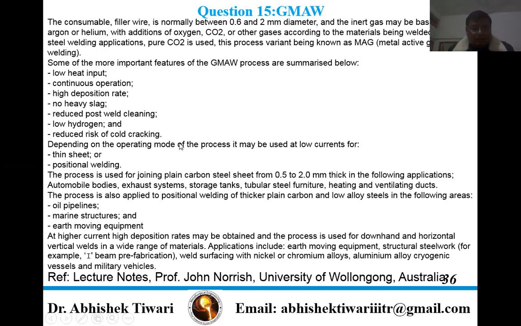Depending upon the operation mode of the process, it may be used at low currents for thin sheets. The question asks which cannot be used for thin sheets, so this can be used for thin sheets, and for positional welding.